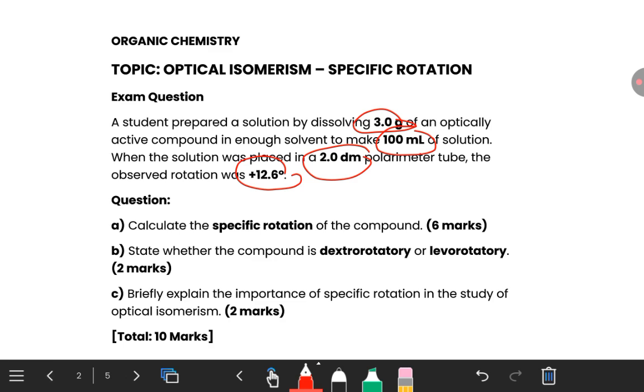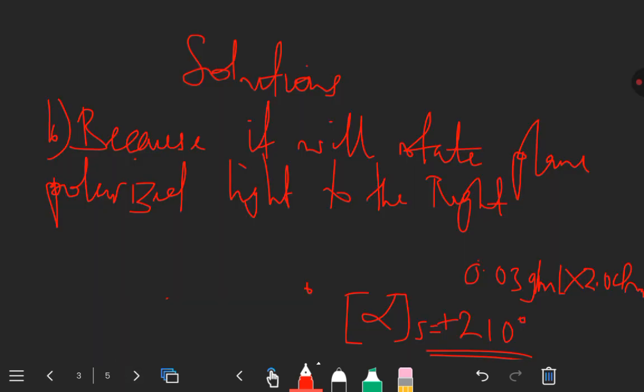So it is dextrorotatory. Dextro just means D. It's a D compound, so it is dextrorotatory. It will turn the plane-polarized light towards the right because the specific rotation is positive.